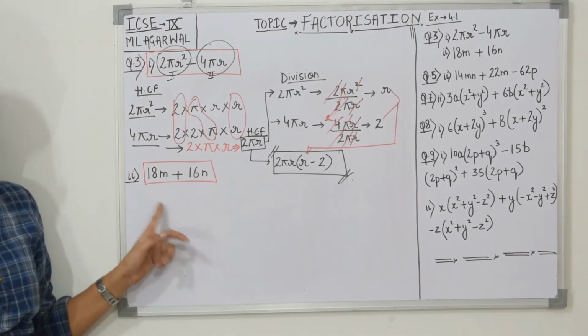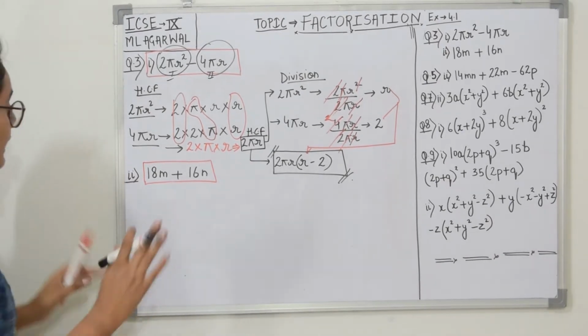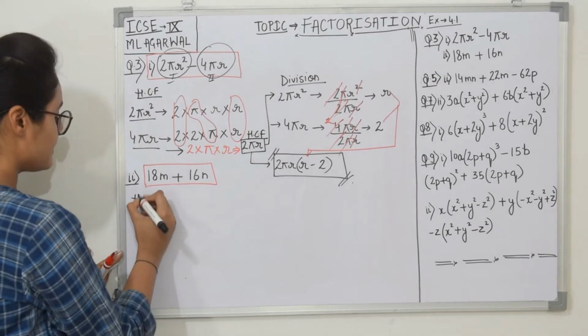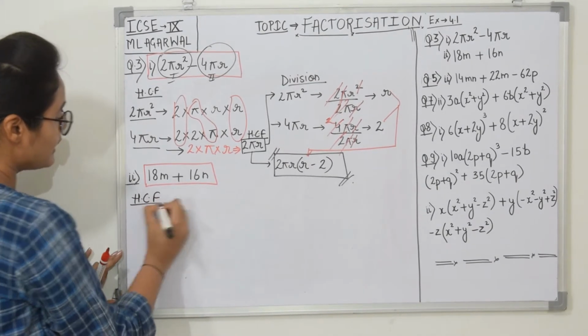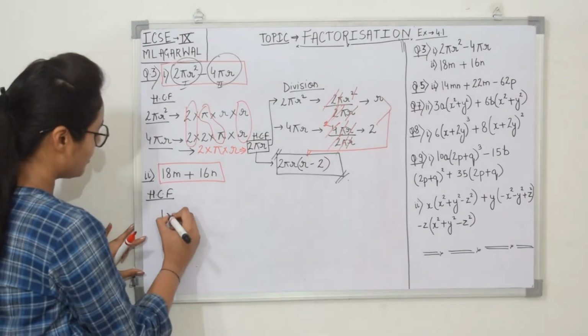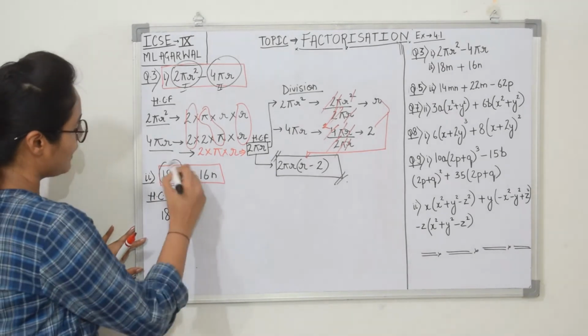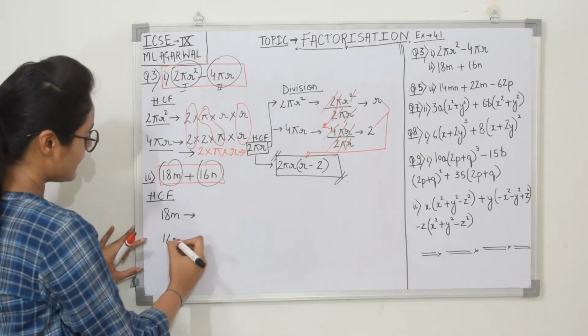Here also you have to follow the simple procedure, and you have to jot it down in your answer. Just see, calculate the HCF in a very basic sense. Talking about HCF, 18m is your first term, 16n is your second term.